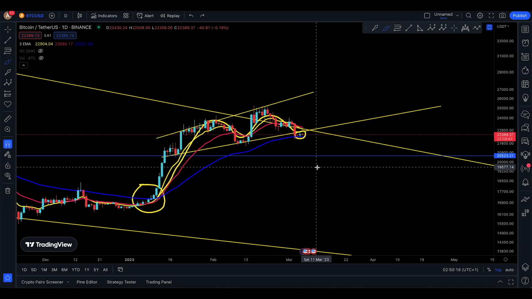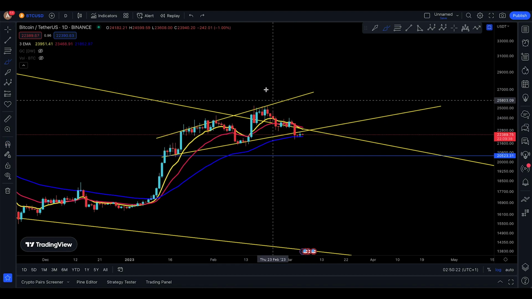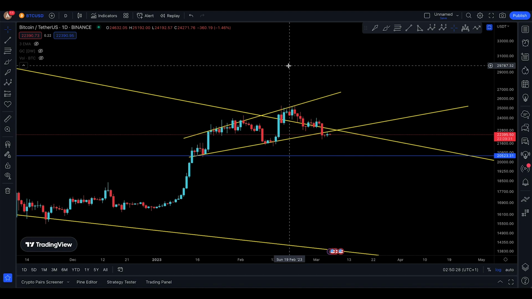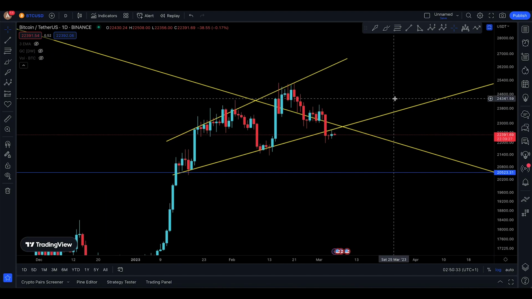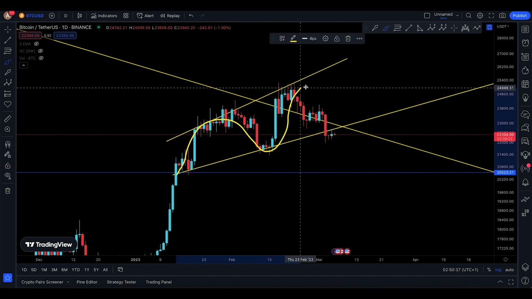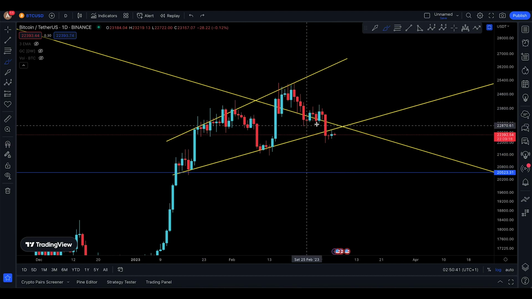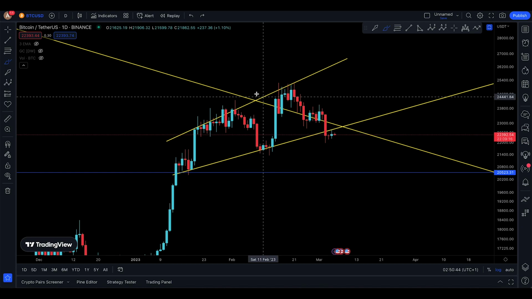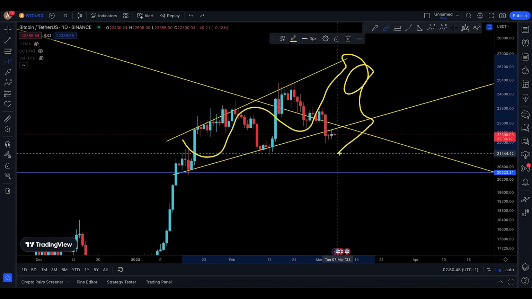All right, so let's talk about EMA versus chart pattern. If you had to bring a scale and measure Bitcoin's EMA on a scale, and measure a chart pattern like this ascending broadening wedge, you would come to the result that the chart pattern is heavier than an EMA.